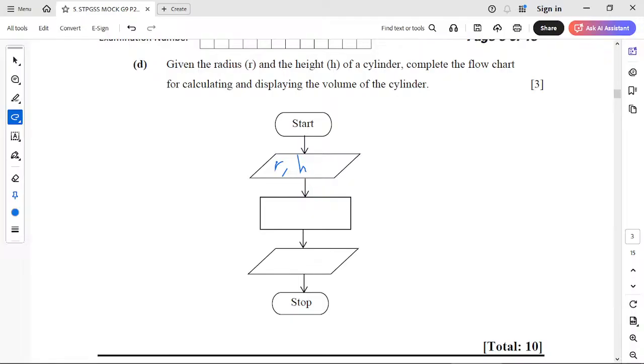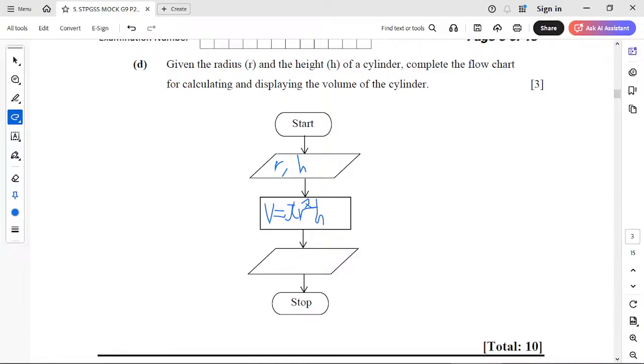Now, once we have entered that, we need to calculate the volume. The formula for volume is pi radius squared times h. Pi r squared gives us the area of the base, and the height is the height of the cylinder, which will give us c.